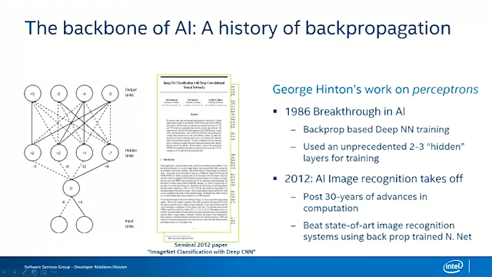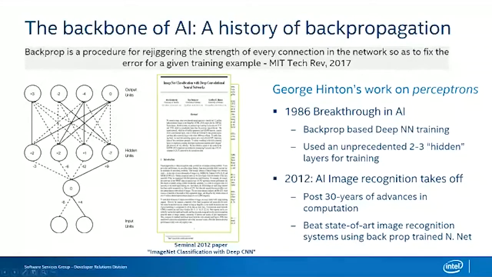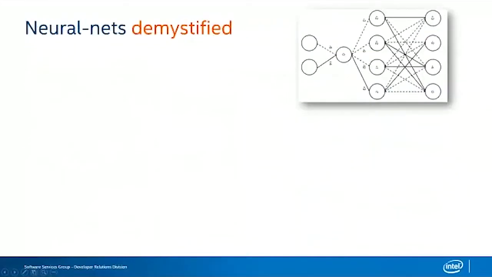This was basically seminal in the fact that it beat out all other algorithms in terms of object recognition in images. And this was all done as a result of using backpropagation and a really deep neural network. I think they used something like 12 layers.